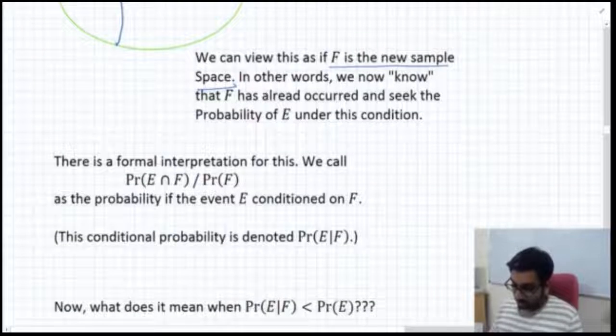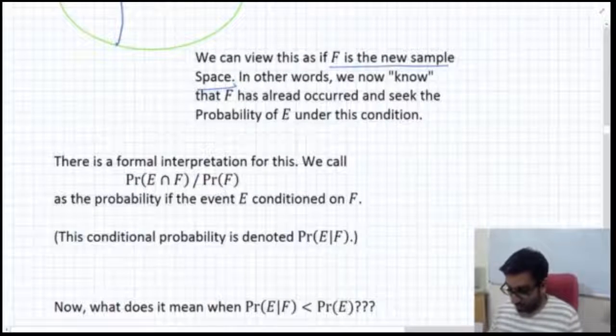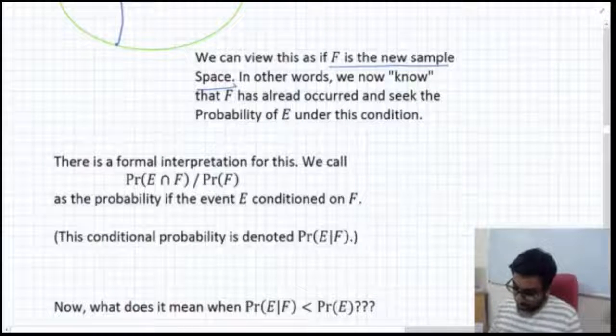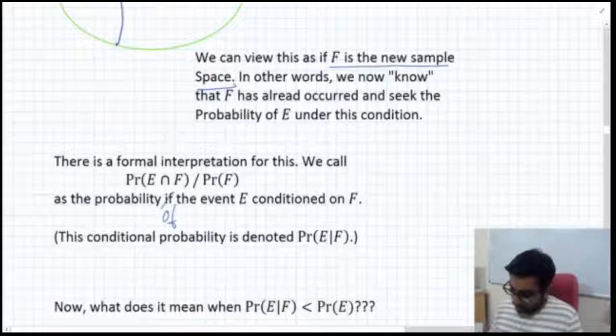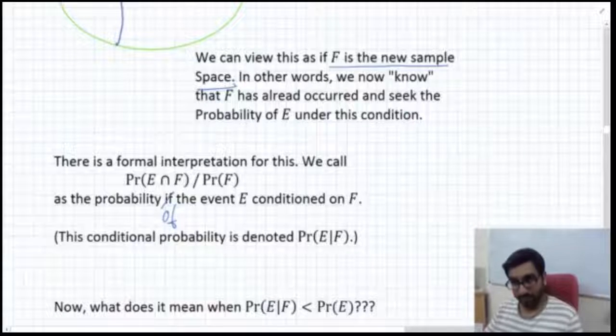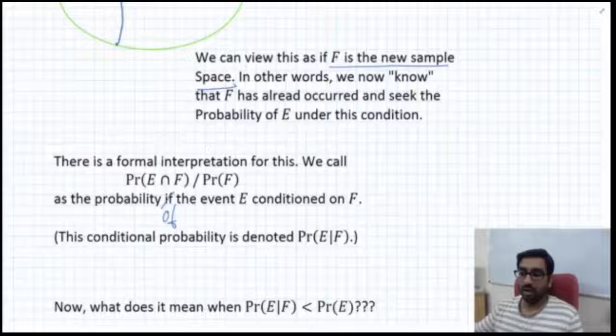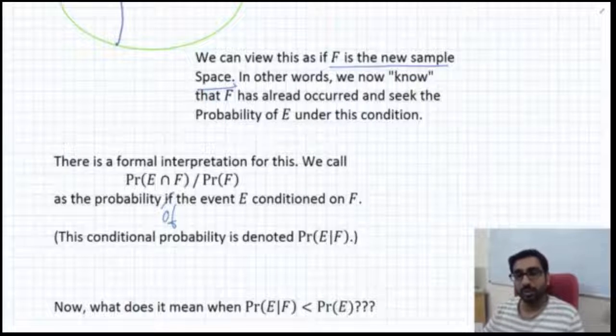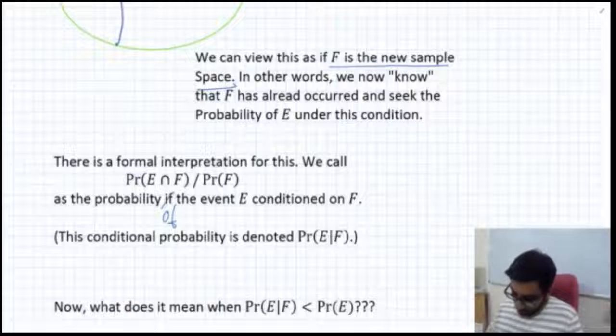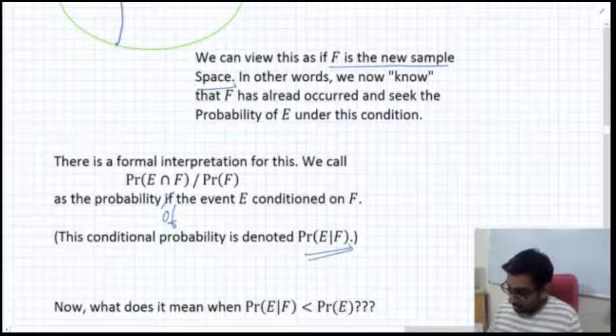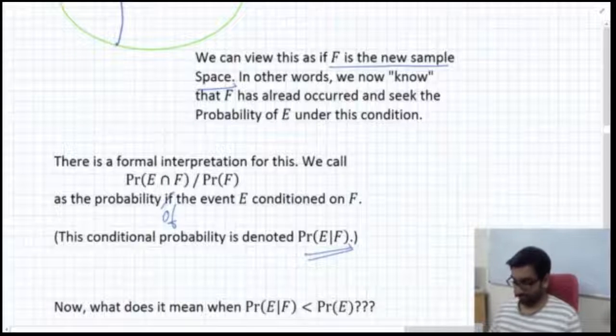This probability of E intersected with F divided by probability of F is also called the probability of the event E conditioned on F. So the condition is that F has already occurred. We know that F has occurred, and therefore under that condition, what is the probability of the event E? This is denoted probability of E conditioned on F.